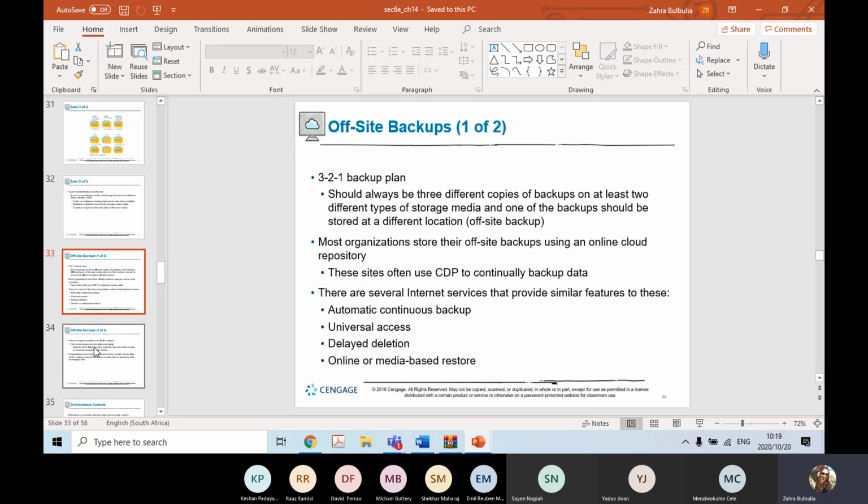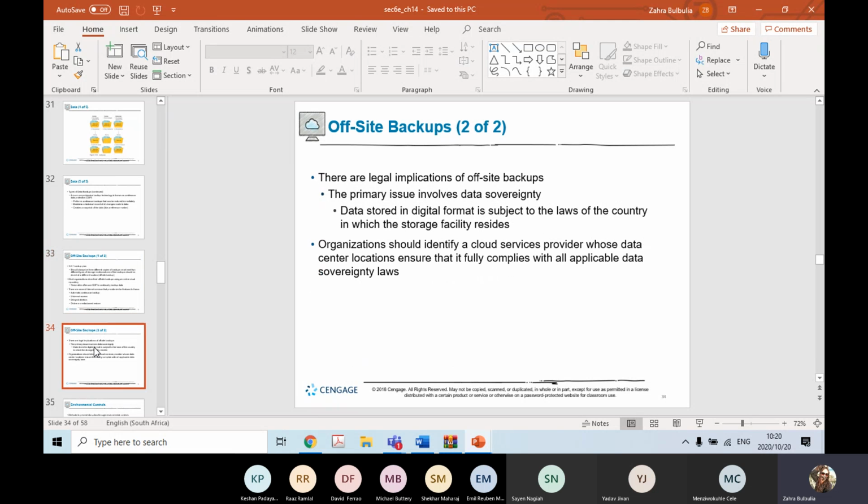Of course, if we want to get really pedantic, this also means that if that server goes down, we don't have our information. So it's good to do a few types of backups. Backups on actual storage mediums, your external hard drives or your USBs, and do a cloud-based backup as well.